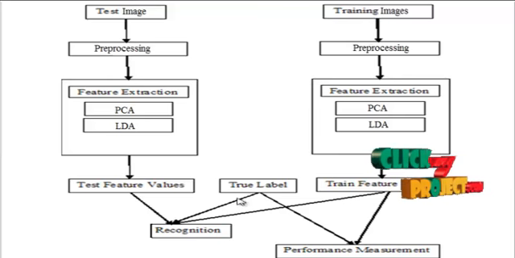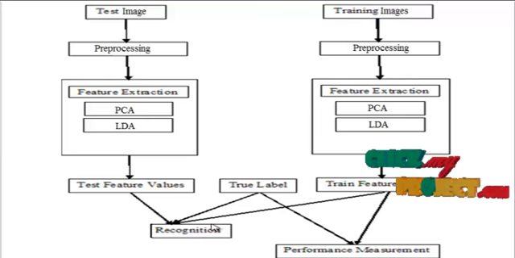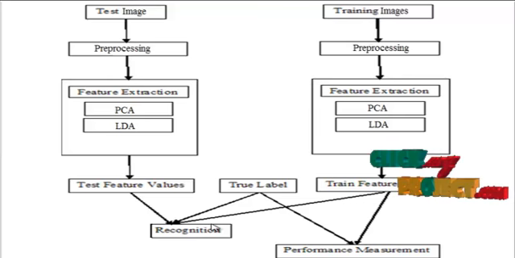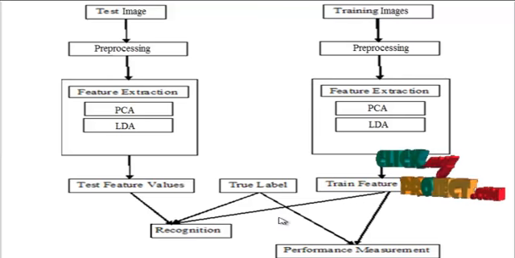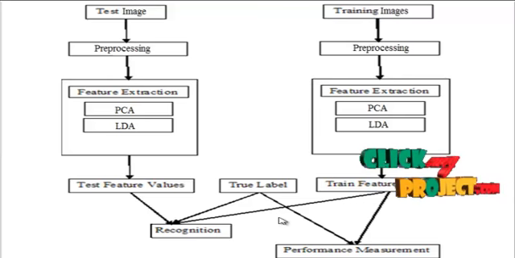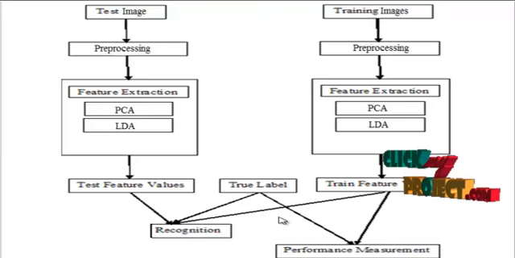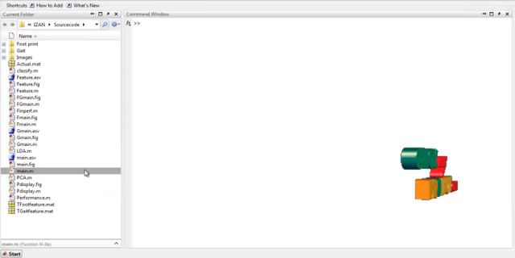Then, based on the recognition process, the classification methodologies are used for the recognition based on the labels provided to the classifiers. After recognition, the overall performance of the process is measured in terms of performance metrics like accuracy, sensitivity, and so on.